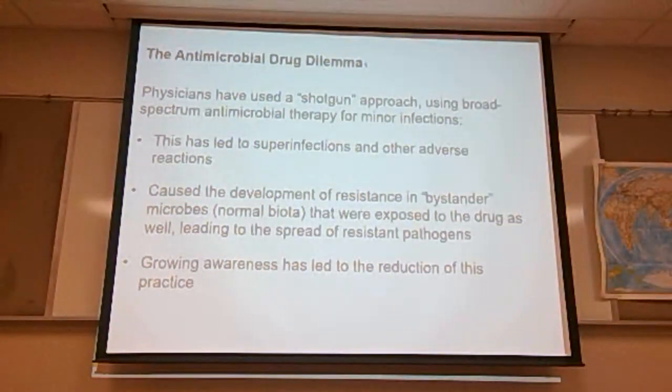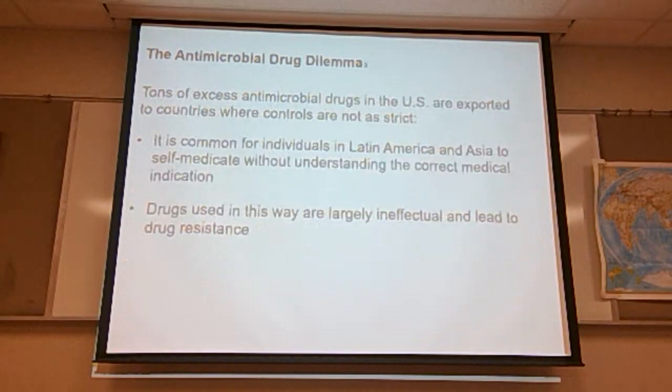The growing awareness of this over the last 15 to 20 years has led to the reduction of this practice. It was for a long time believed that it was not harmful to just give multiple doses of antibiotics to people. We now know that absolutely is not the case.